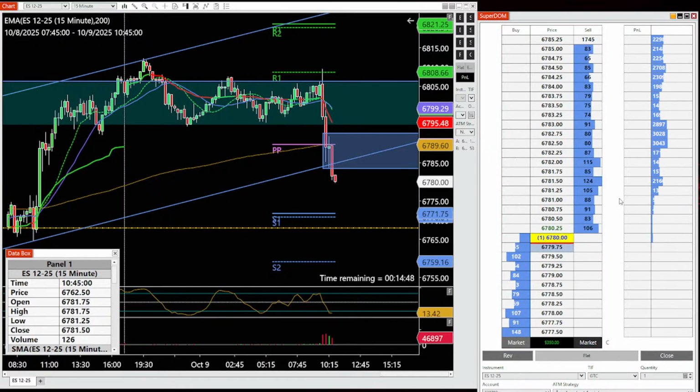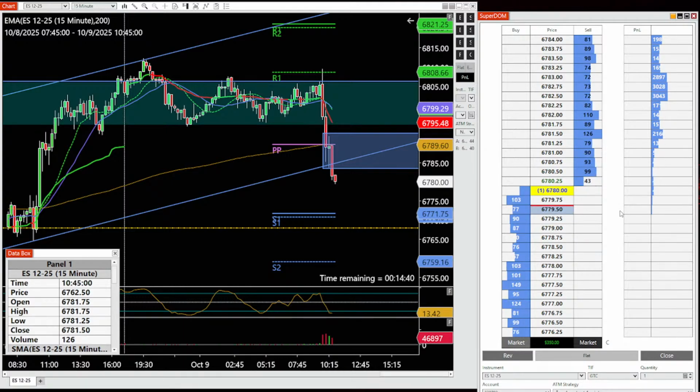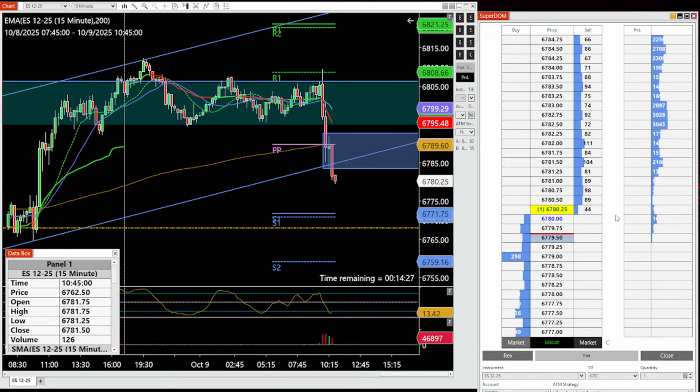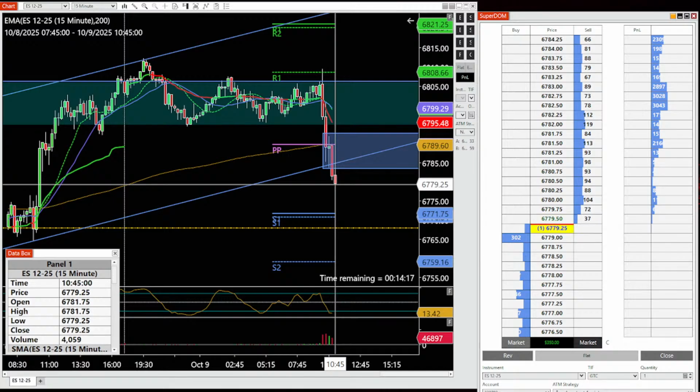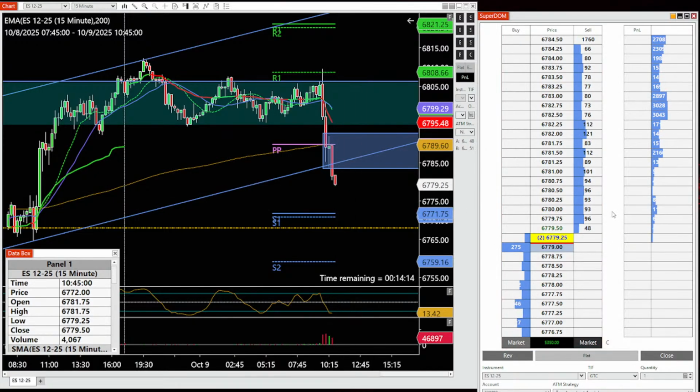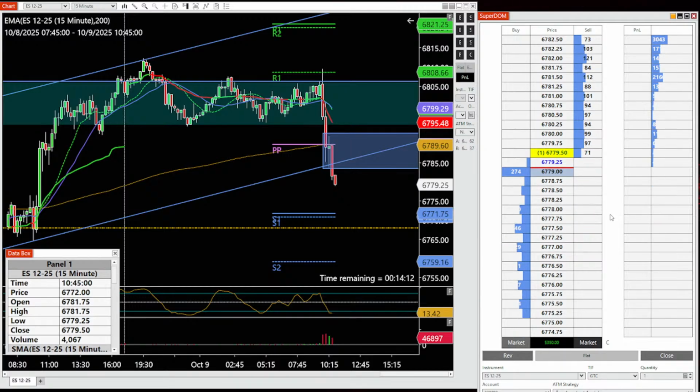$85 would have been 85 to 75 for 10 points. I didn't take it. Still heavy. Not getting any bounces here. What's the high? 81. Not getting any bounces. Okay.